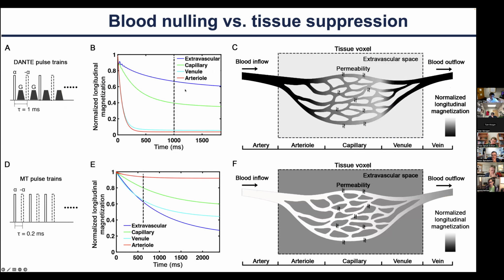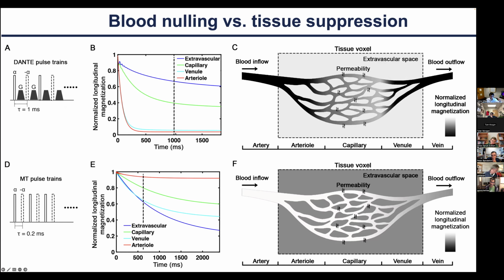In our acquisition, we will have two conditions. In the top row, we have the DANTE blood suppression. In the bottom, we have MT tissue suppression. In the DANTE blood suppression, it will suppress the blood signal, and your tissue will be relatively less affected.